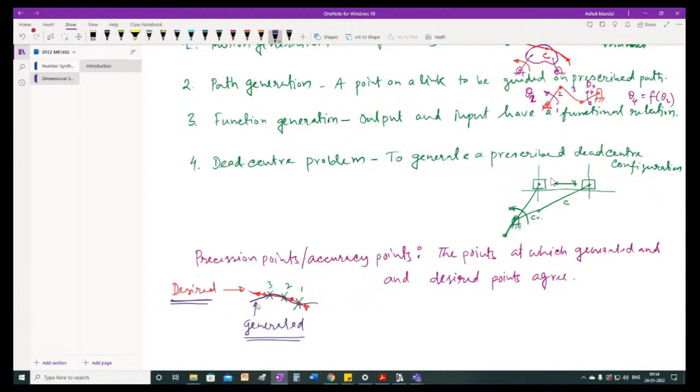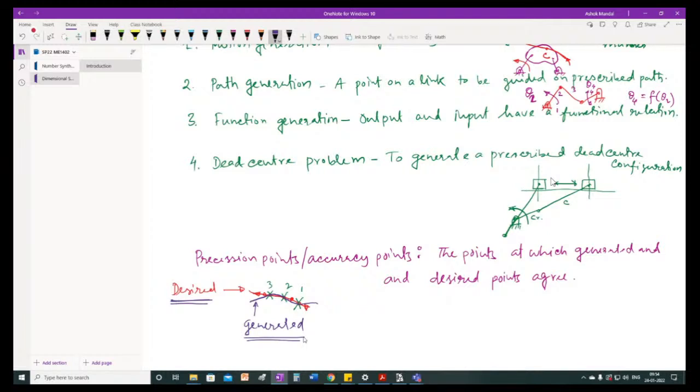But see, these two paths are not exactly the same, but they are intersecting at some points. That means these two paths agree at these 3 points. These 3 points are called accuracy points or precision points. So what is the significance of these accuracy points or precision points?